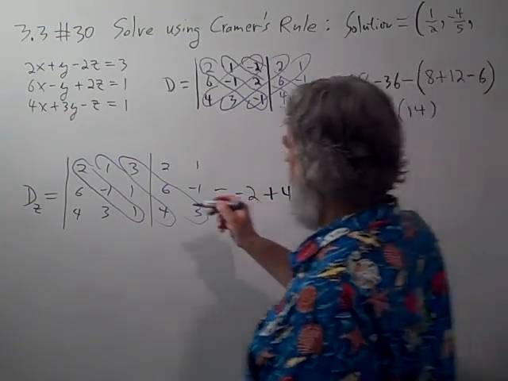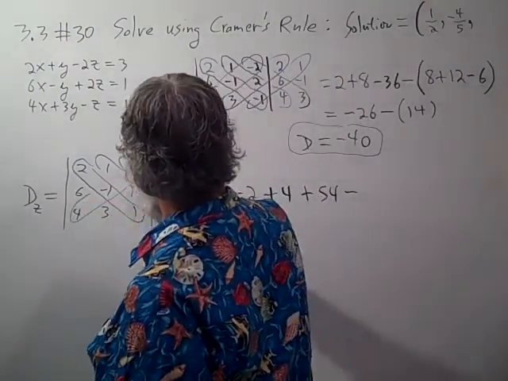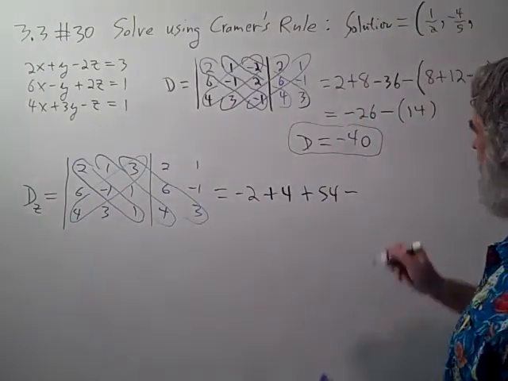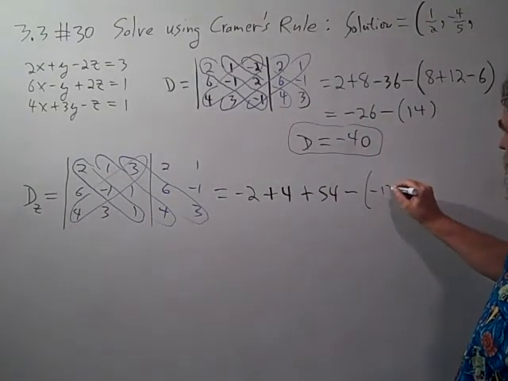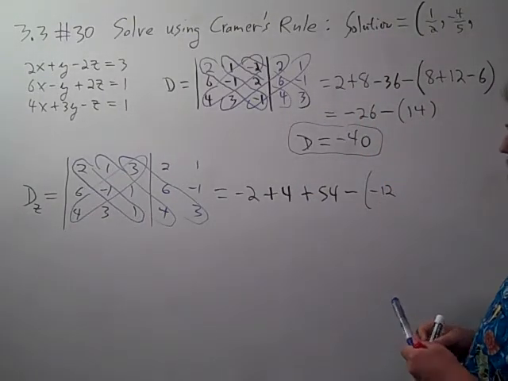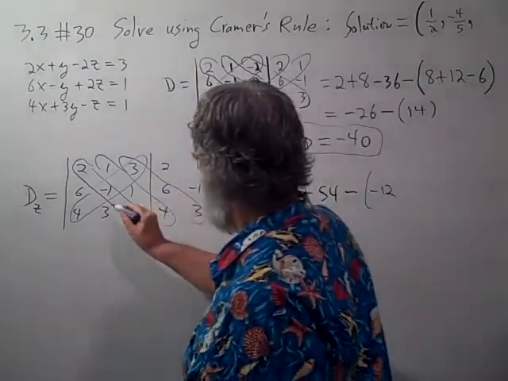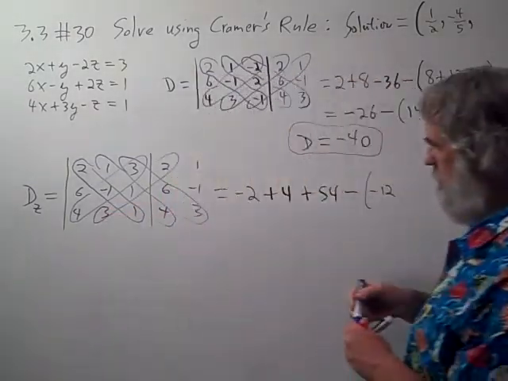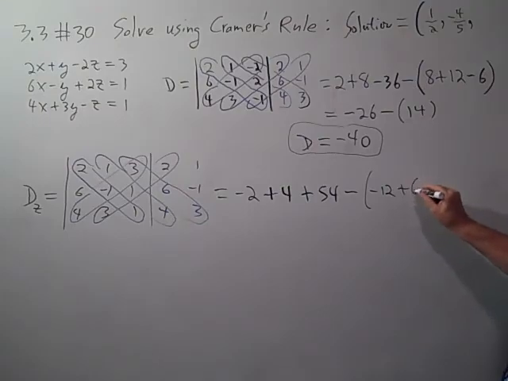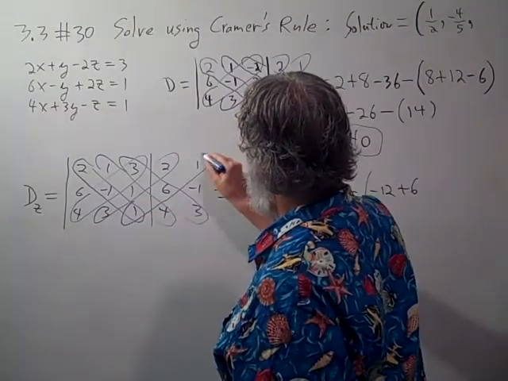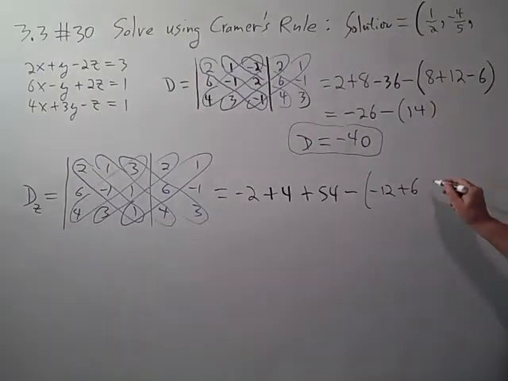So we have 4 times negative 1 times 3 is negative 12. And over here we have 3 times 1 times 2, which is just 6. And finally the last diagonal, 1 times 6 times 1 is 6.